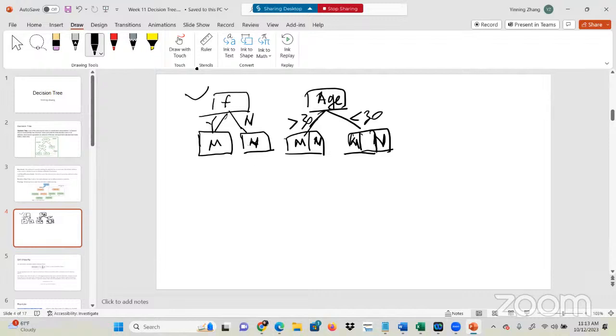So this is the concept called Gini impurity. Impurity is the opposite of purity. This one is a perfect purity, right?